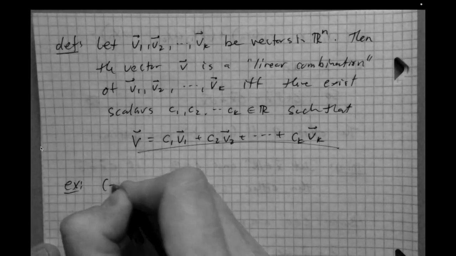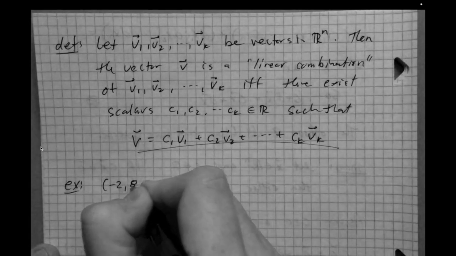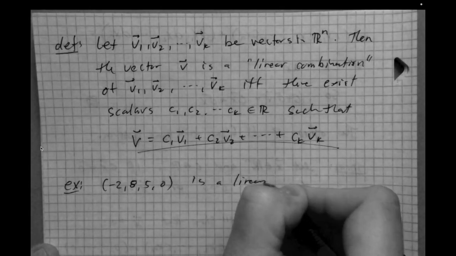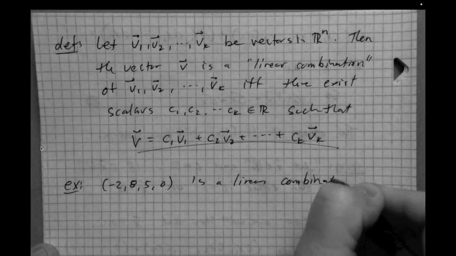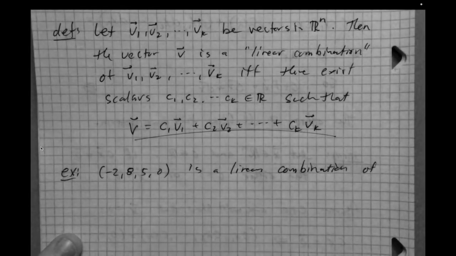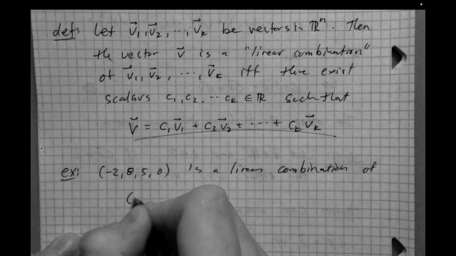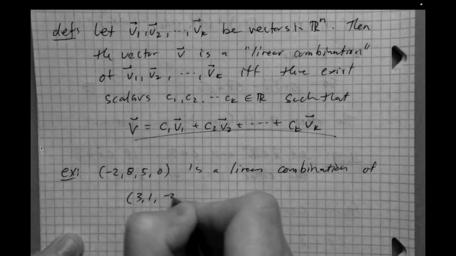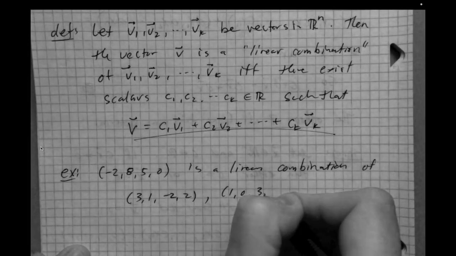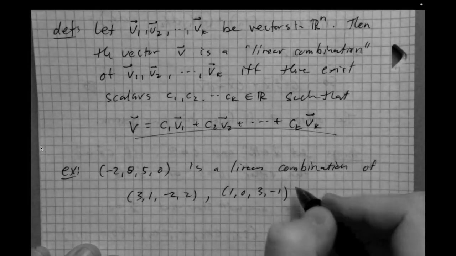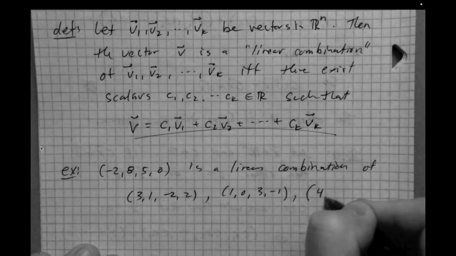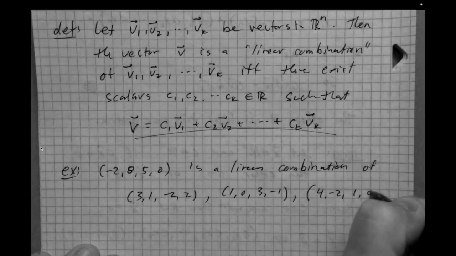The vector (-2, 5, 8, 5, 0) is a linear combination of three other vectors in particular: (3, 1, -2, 2), (1, 0, 3, -1), and (4, -2, 1, 0).